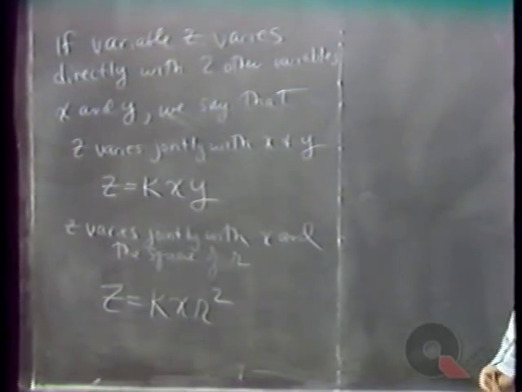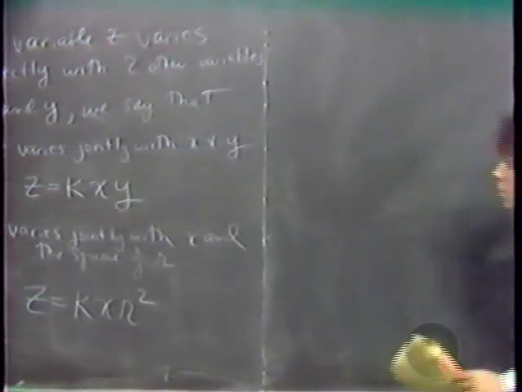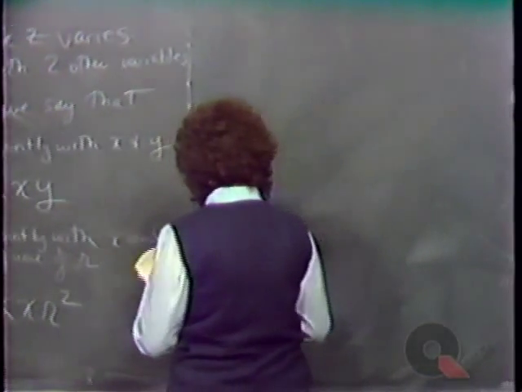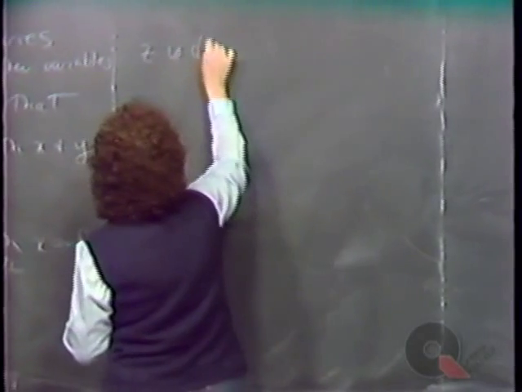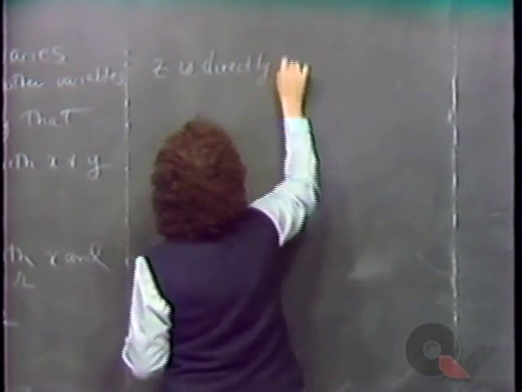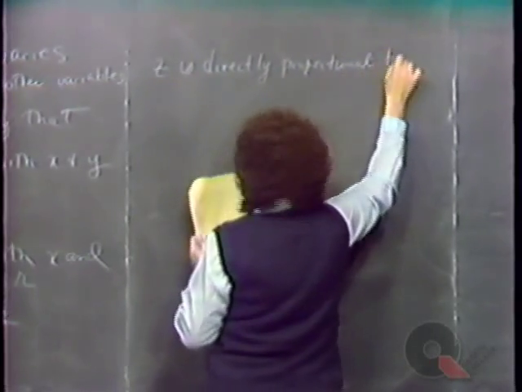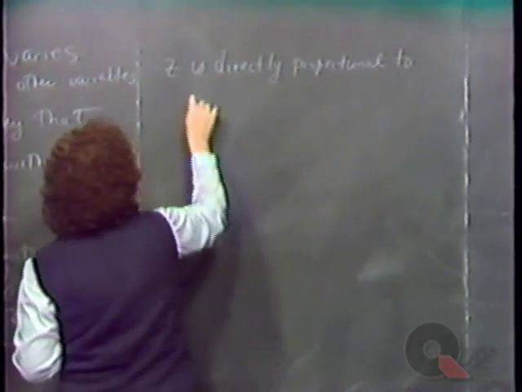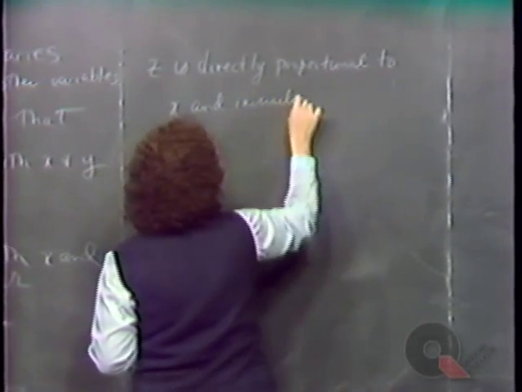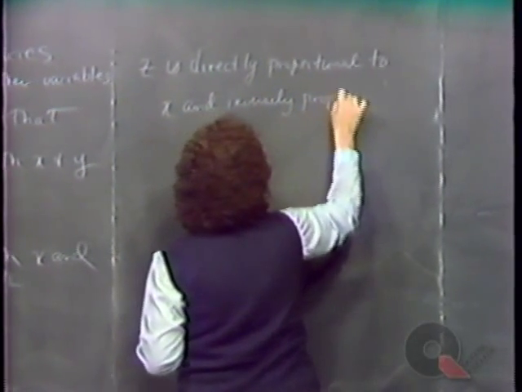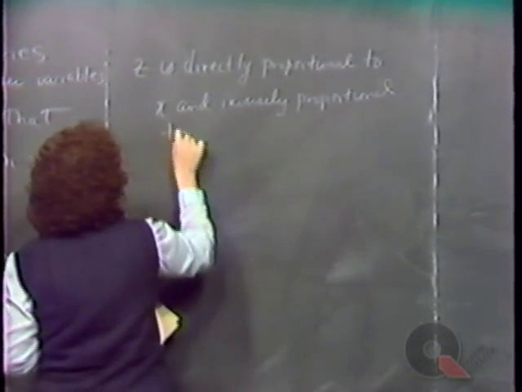And you can also get an inverse relationship when you have more than two variables. For example, you might write z is directly proportional to x and inversely proportional to y.